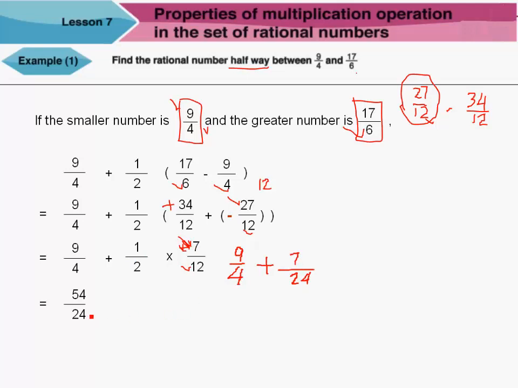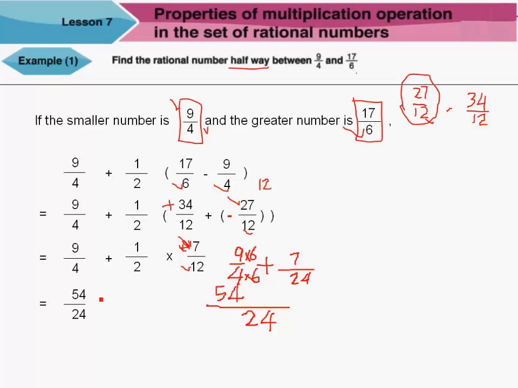So we have to make this denominator 4 and this 24, we must have the same denominator. So if we multiply 4 times 6, it will give 24. So 9 must be multiplied by 6 also. We have 24 here as a denominator. 9 times 6 is 54.